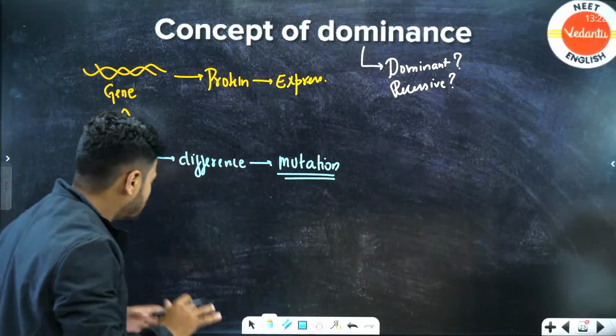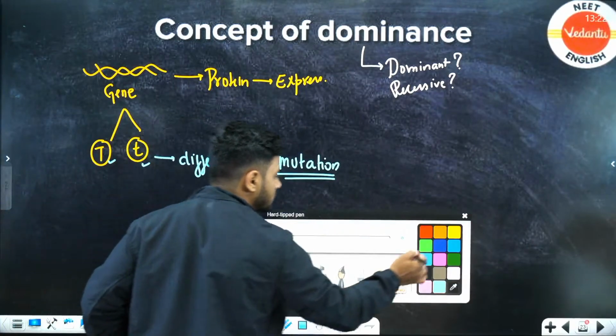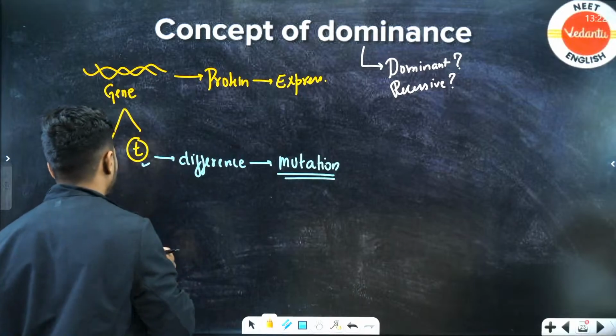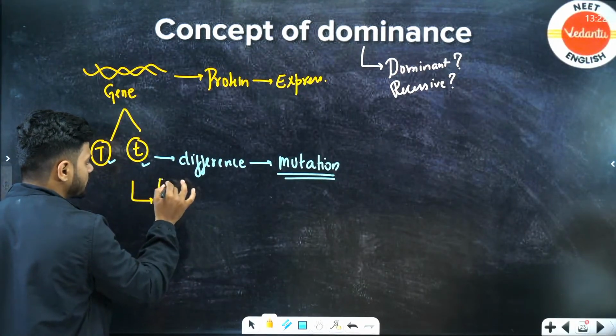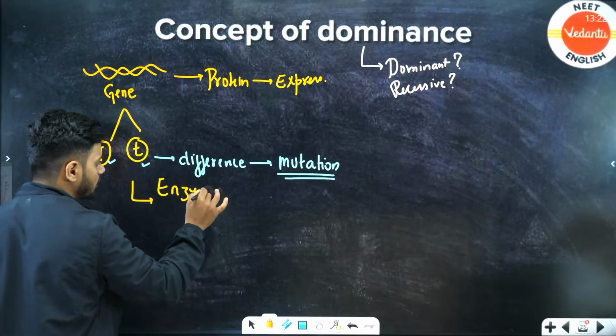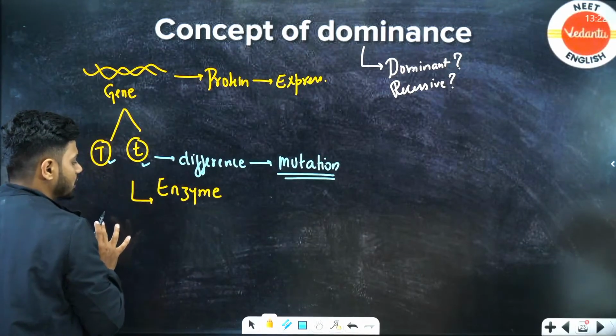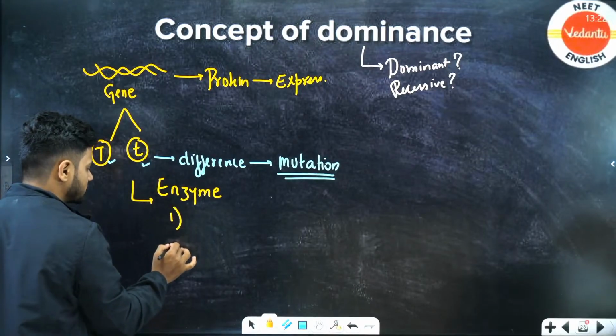Now, here we have a scenario, students. Imagine a gene is producing an enzyme. Now, this enzyme can be of 3 types.